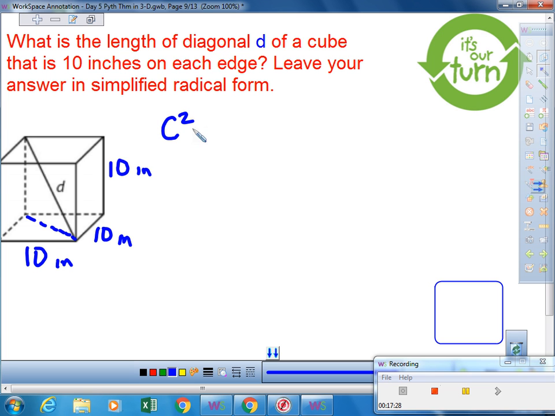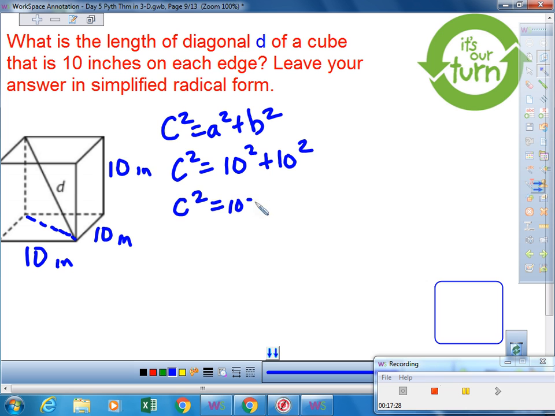So C squared equals A squared plus B squared. C squared equals, what's my 2 lengths? 10 squared plus 10 squared. C squared equals 100 plus 100. So C squared equals 200. So now when you have a cube, all your dimensions are going to be the same.